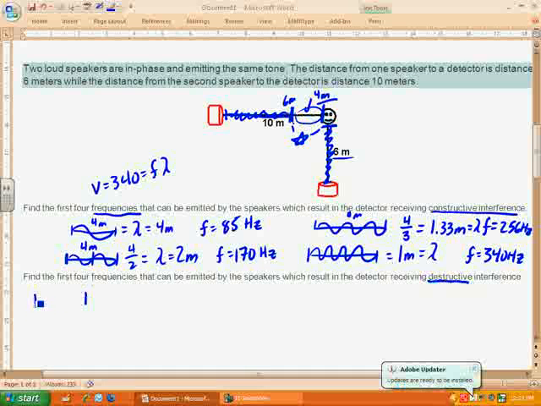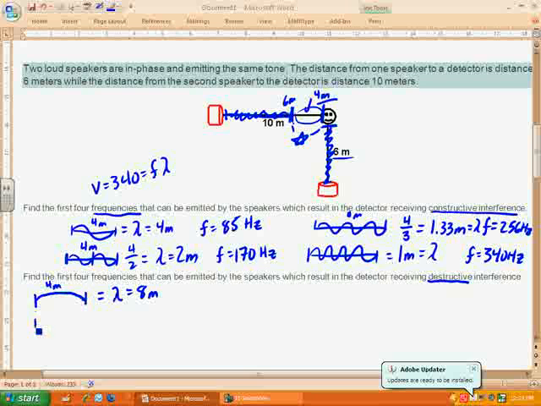So in that 4 meters, I could get half of a wave, right? If I go through half of a wave there, then that will mean that I'm half of a cycle off. So if I go through half a wave in 4 meters, that means the wavelength would have to be 8 meters, right? Because the wave would actually have to be 8 meters long in order to get half of a wave in 4 meters.